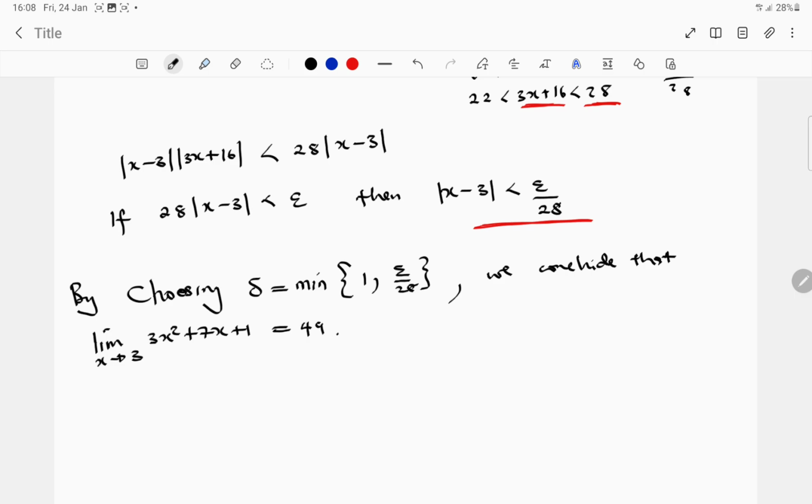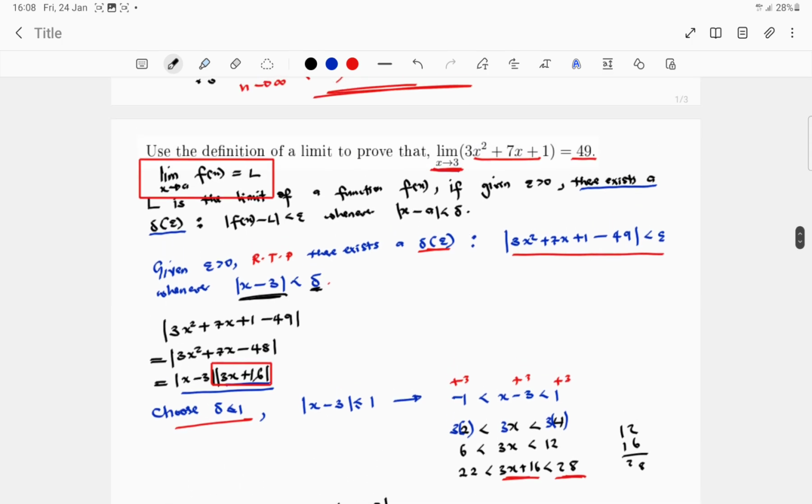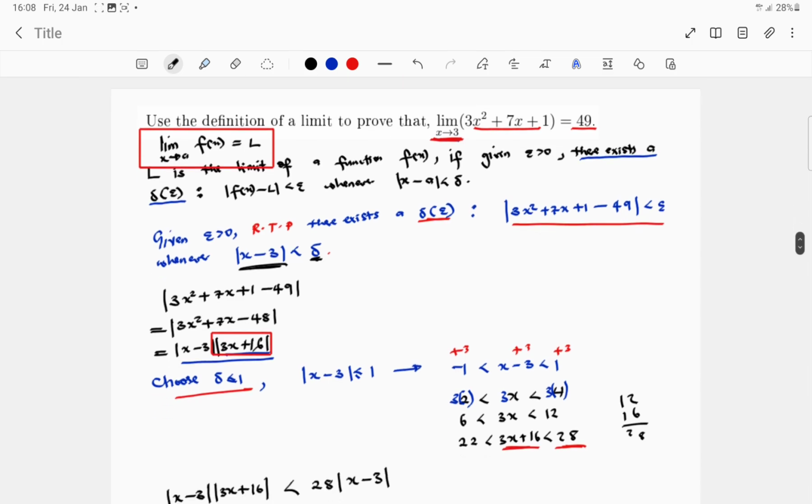Full stop. So that's the proof for this question, which is to use the definition of a limit of a function to prove that the limit of 3x squared plus 7x plus 1 is equal to 49. Thank you for watching.